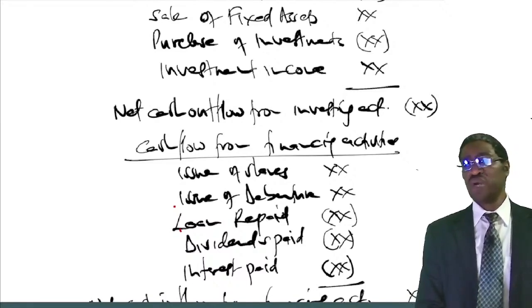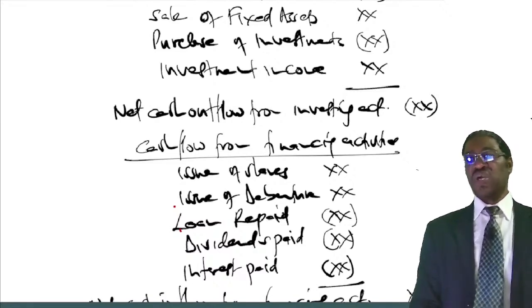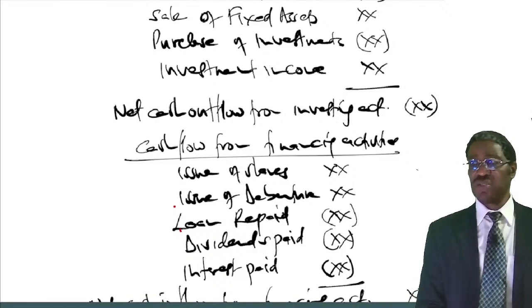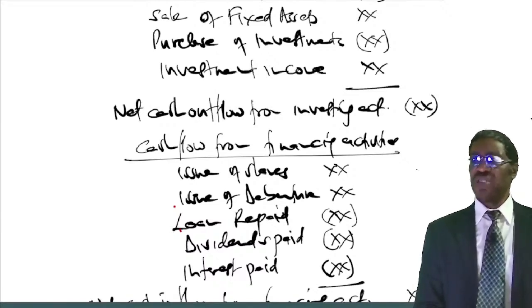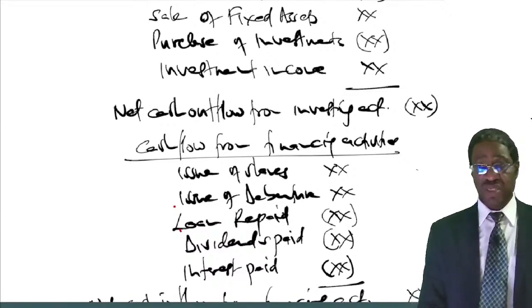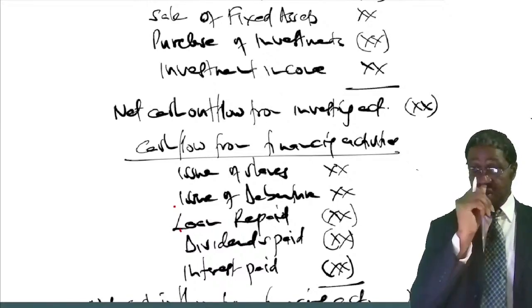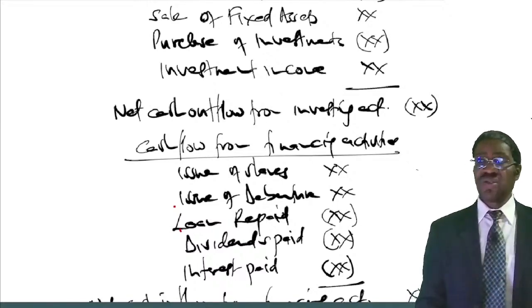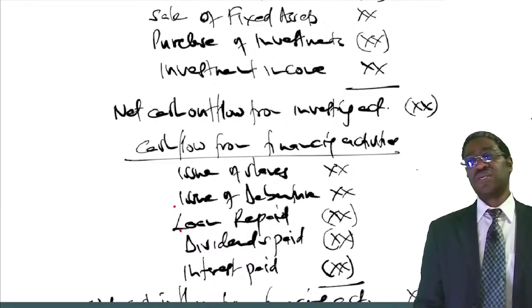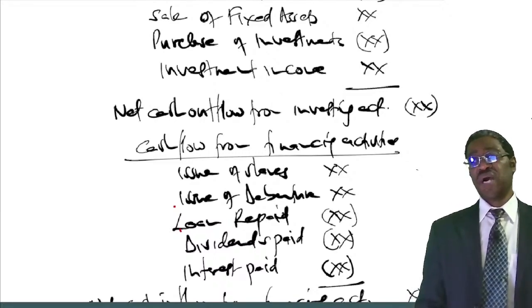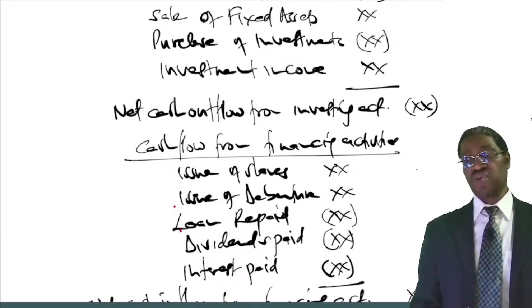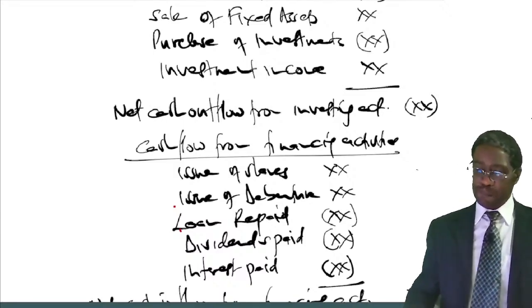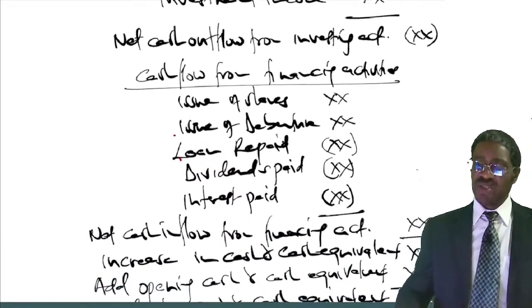Among the examples we have given for financing, we have identified issue of shares, issue of debenture, loan repaid, dividends paid, and interest paid. Okay? Then I assumed those were the only ones. Then I got the net. I had to push it to the extreme.